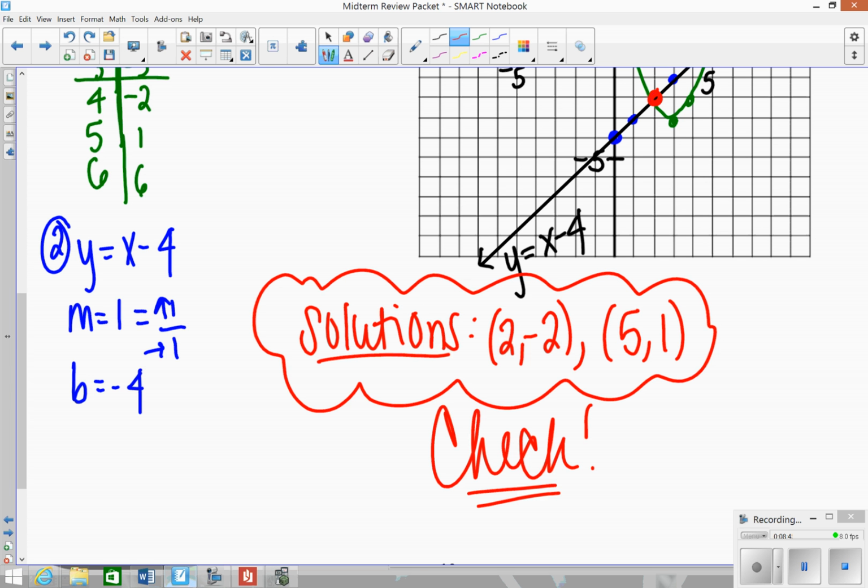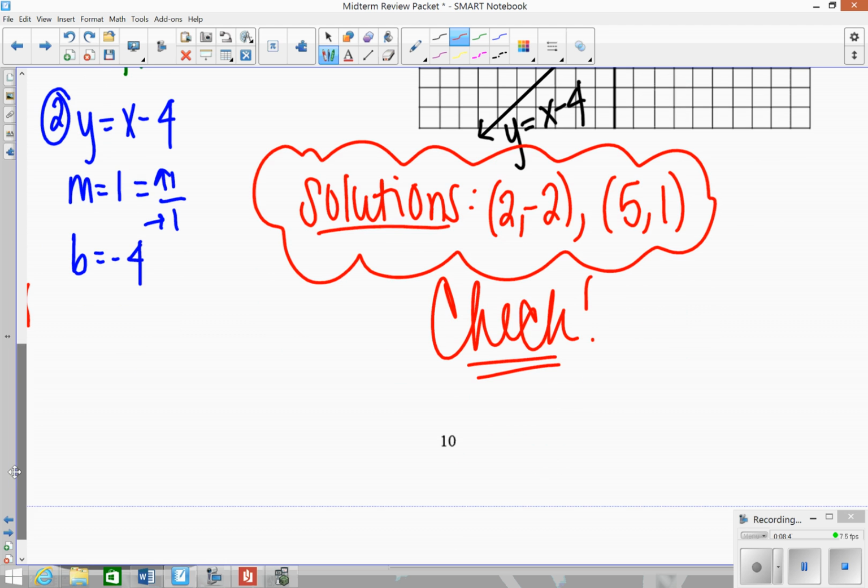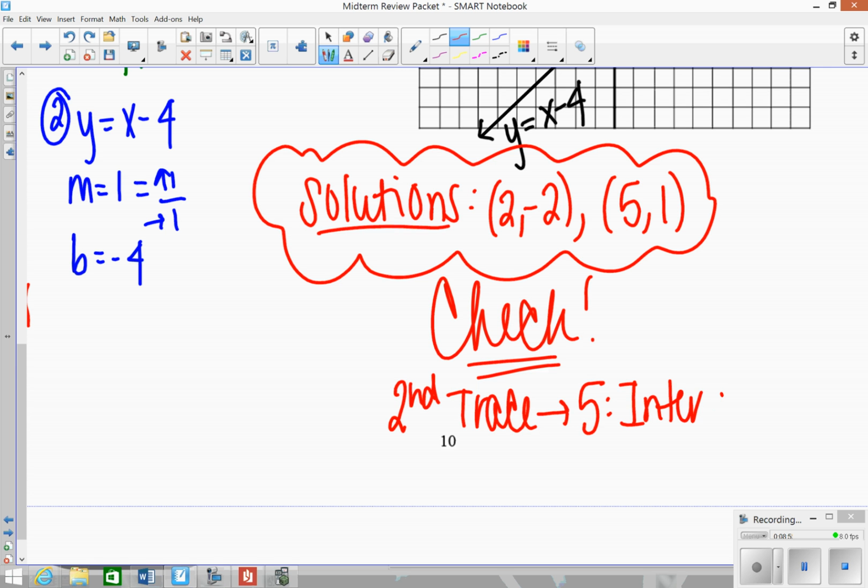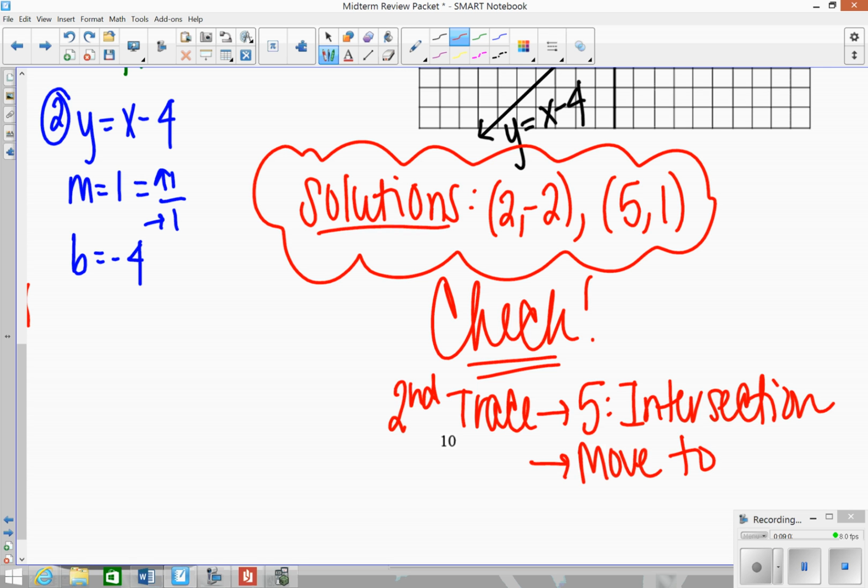So again, to check in the calculator, I went to second trace, number 5 for intersection, and then first I move to the intersection point, then enter 3 times. And that's it.